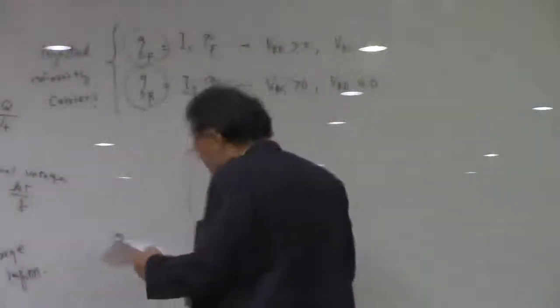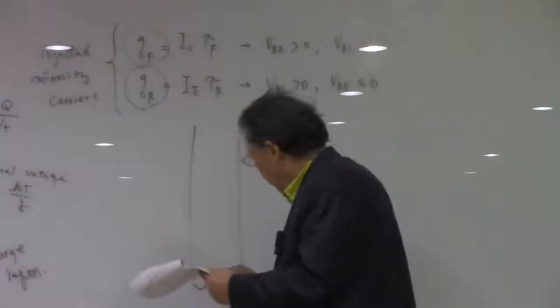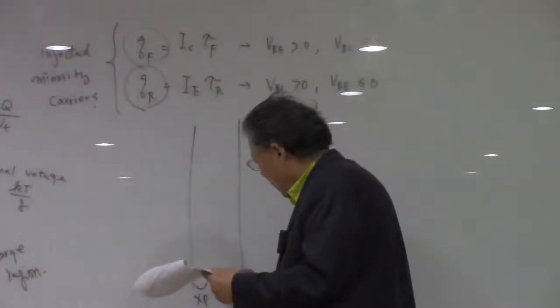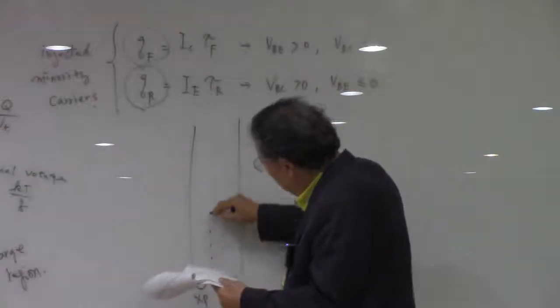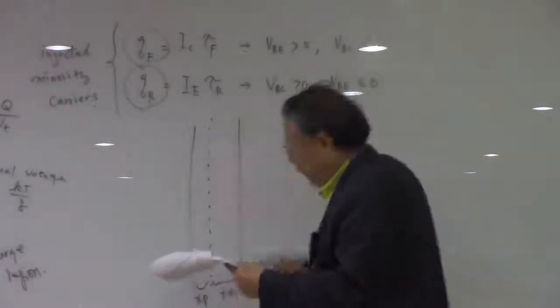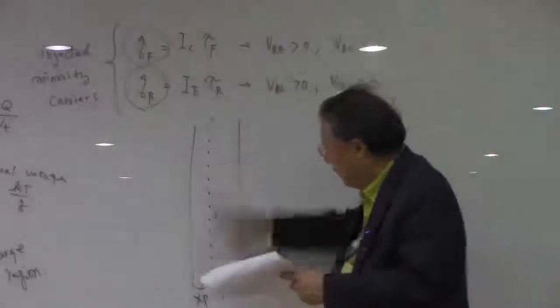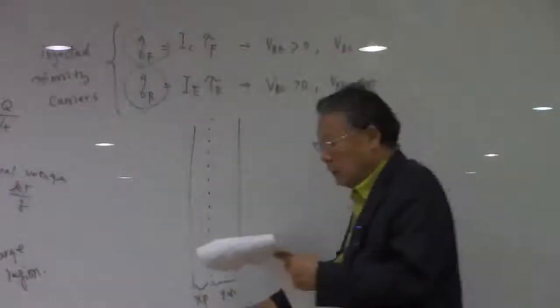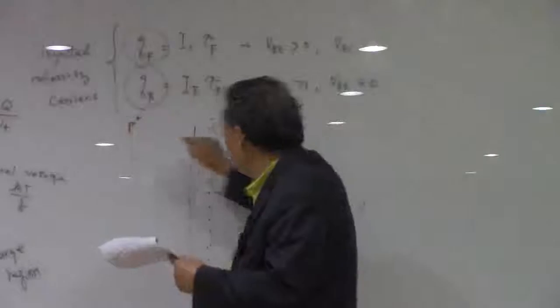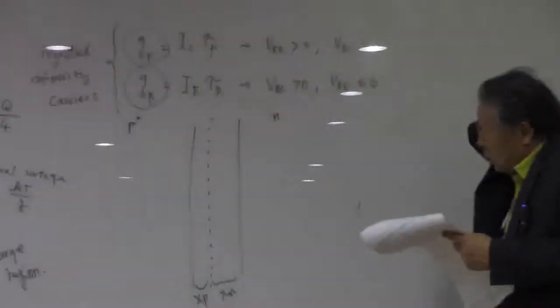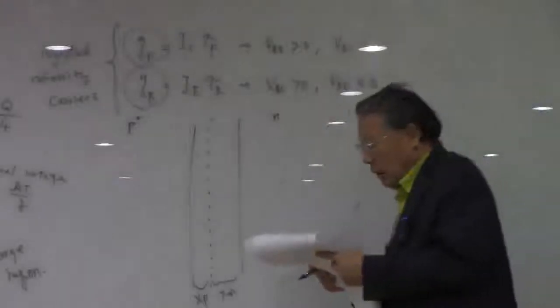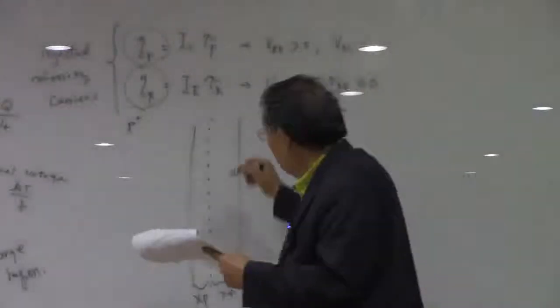In the space charge regions, we have XP and XN, okay? And there are no free carriers in these space charge regions. Now this is P plus and N, like we discussed before for the diffusion capacitance.